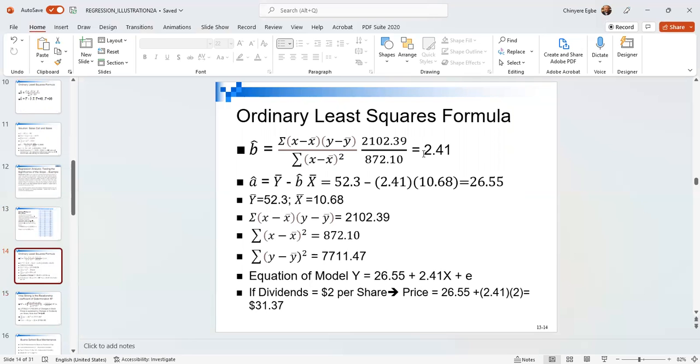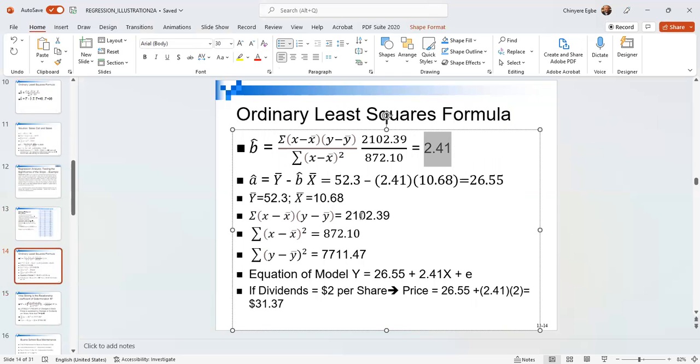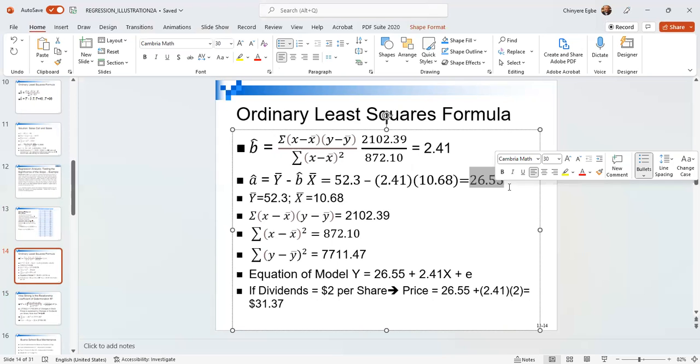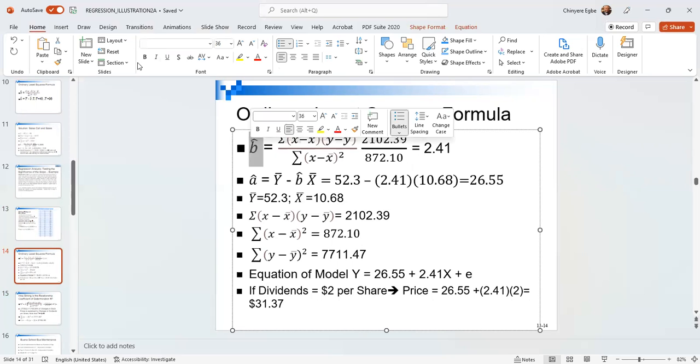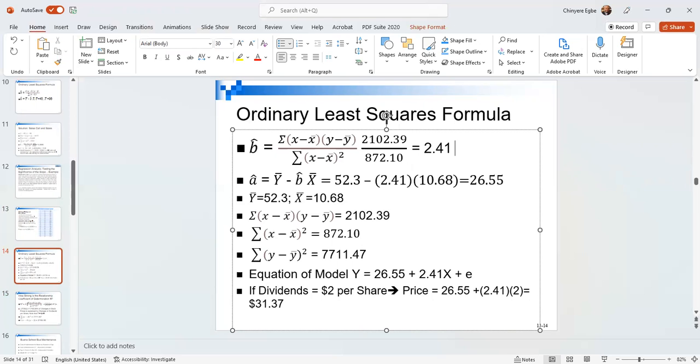Here is where we estimate the B hat, and we also estimated A hat. With A hat and B hat, we create a model equation, and I'm going to reinforce it here.